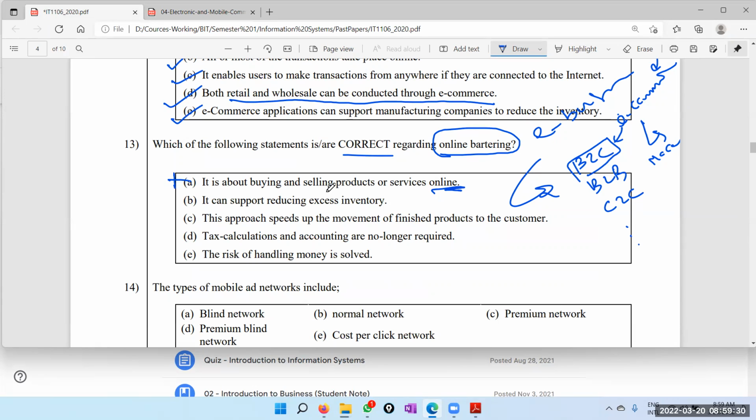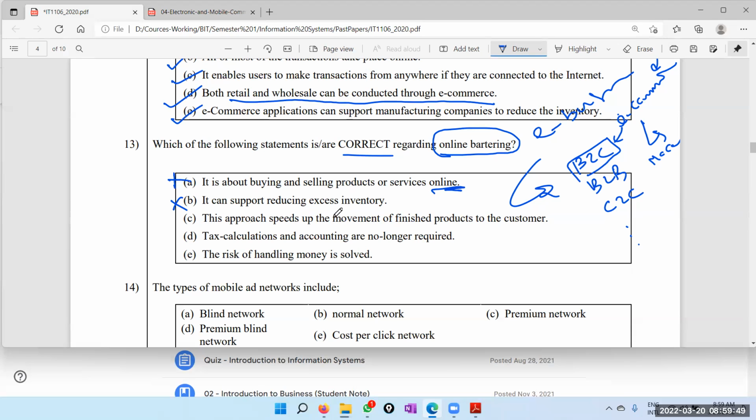So maybe that product you don't like. So therefore I will not go for that, because I see no reason how it's going to reduce the inventory, because you have to wait until someone is willing to give you something useful to you.